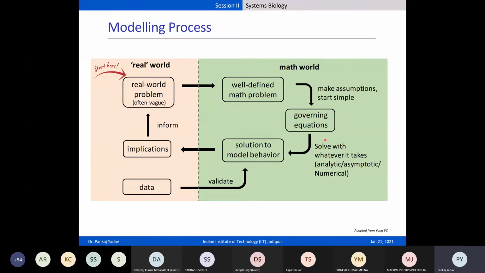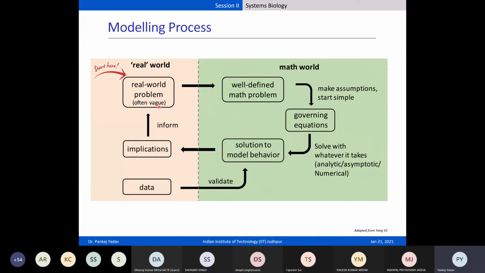And next, we solve this set of equations with the help of available analytical or numerical approaches, and then we come up with a solution to model this behavior, or finally a model. Then we do some validation with the help of external data available from the real world, and then we probably draw some implications and inform about this problem.